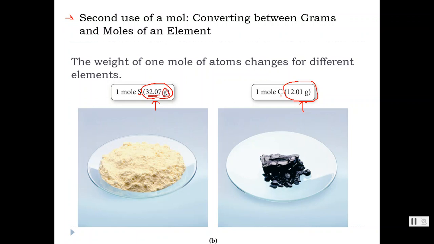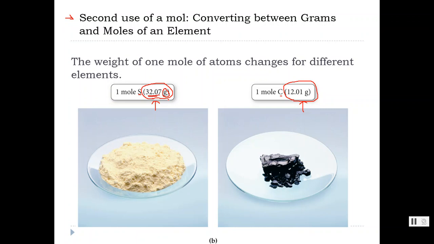So 1 atom of sulfur weighs 32.07 atomic mass units. If I had a whole mole of sulfur atoms, which is 6.02 times 10 to the 23rd sulfur atoms, the mass of that 1 mole of sulfur atoms would be 32.07, not AMUs, but grams.